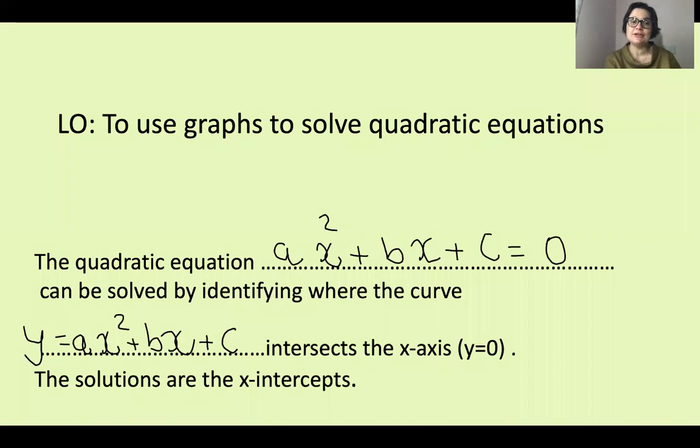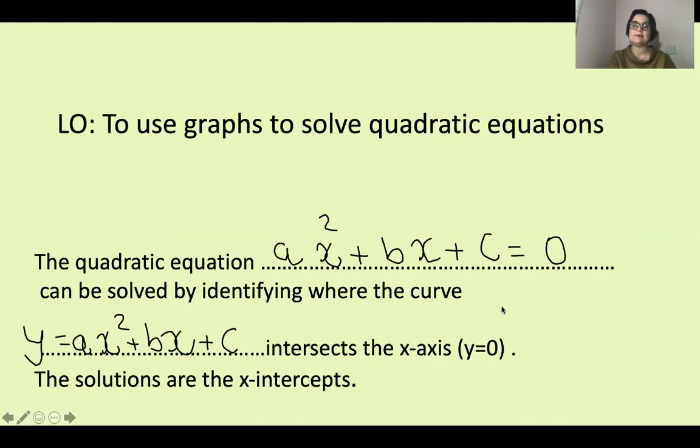Today we are going to learn how to use graphs to solve quadratic equations. The standard form of the quadratic equation, ax to the power of 2 plus bx plus c equals 0, can be solved by identifying where the curve of the quadratic function, y equals ax to the power of 2 plus bx plus c, intersects the x-axis, so where y equals 0.